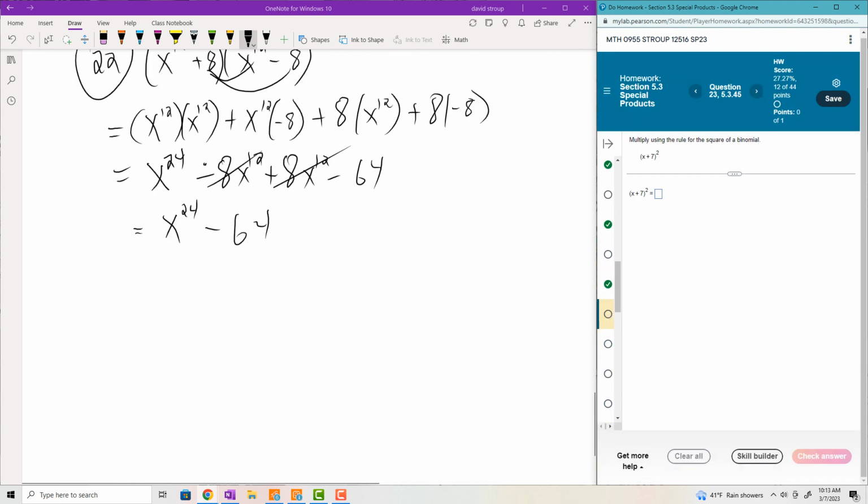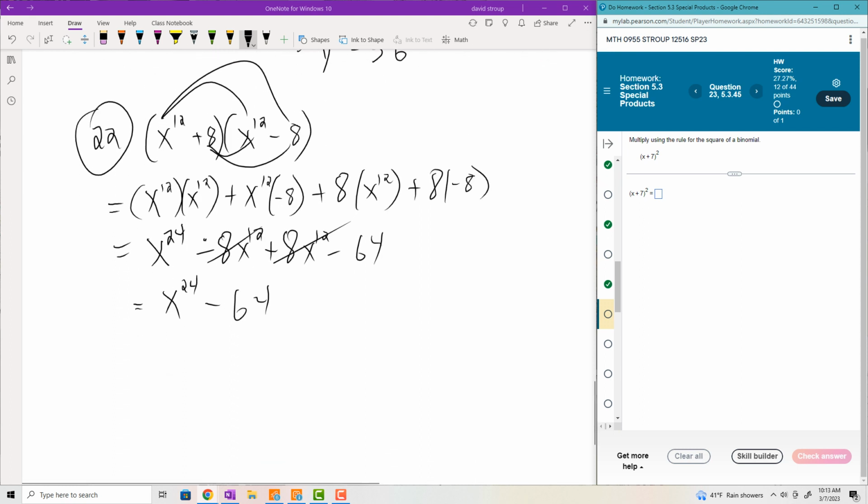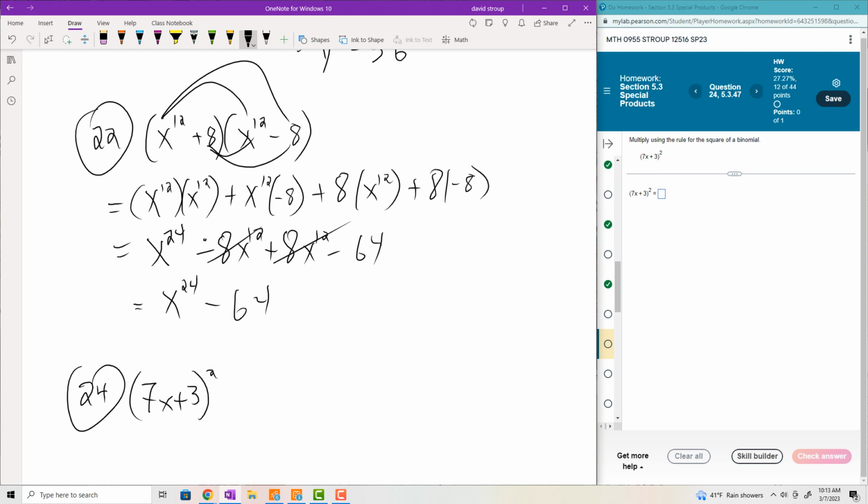Okay, so our next special form is when the two binomials are exactly the same. So let's try not 23, but let's try 24. 7x plus 3 to the second power. So when you see that second power, it means to multiply the same thing twice.